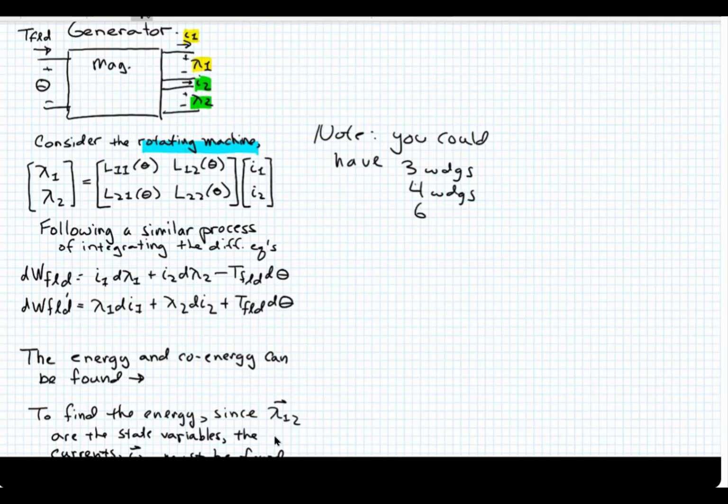You could have 5 maybe if you want. I mean, you can have as many windings as you want. I'm just going to write 3 of them down here that are the most common. 3, 4, and 6. Or you can have 2. And why I say common, this is a DC machine. This is a synchronous machine.